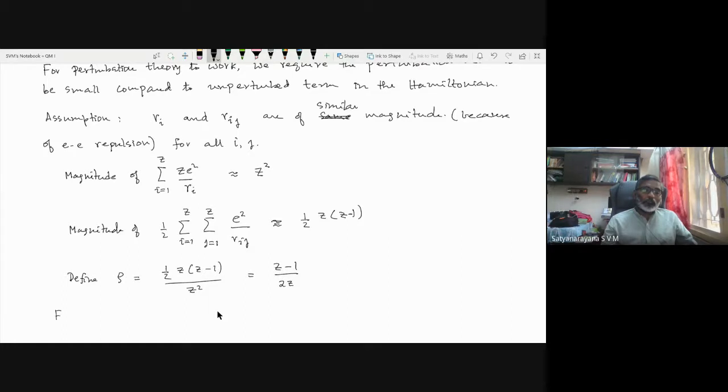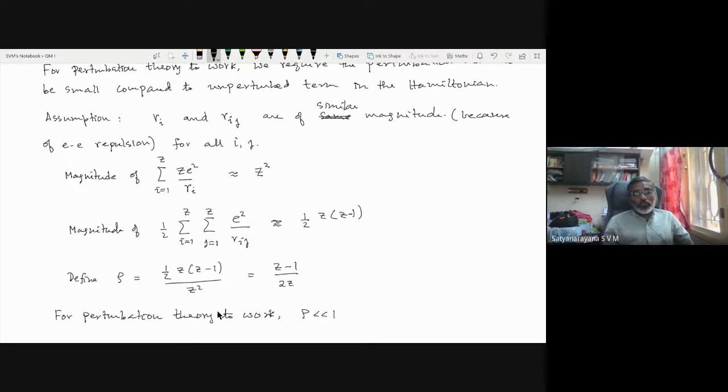For perturbation theory to work, this rho has to be much smaller than 1. That means if I were to use the electron interaction as perturbation, then it should be much smaller than the electron-nuclear interaction.